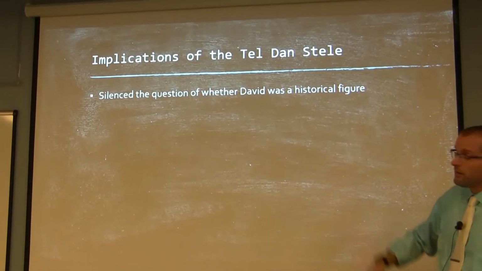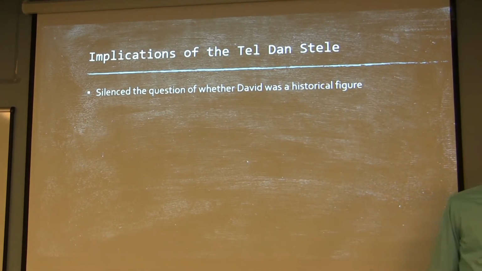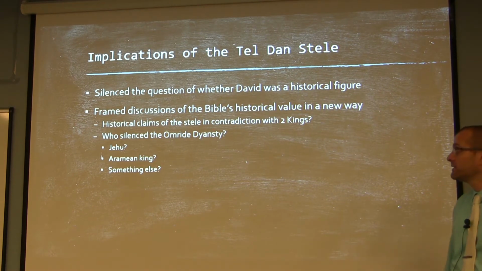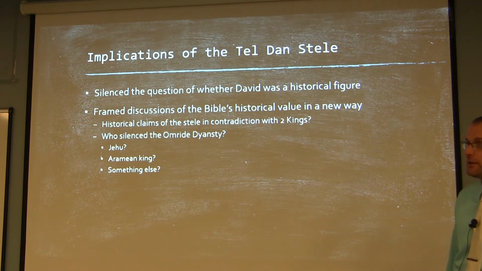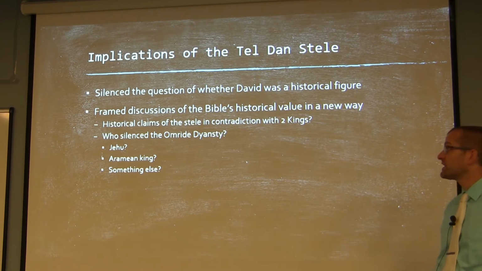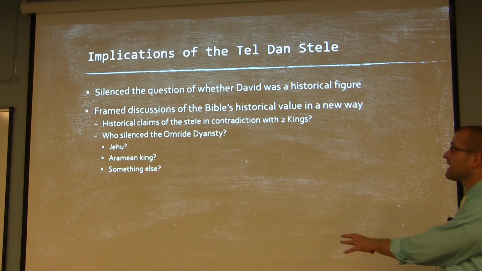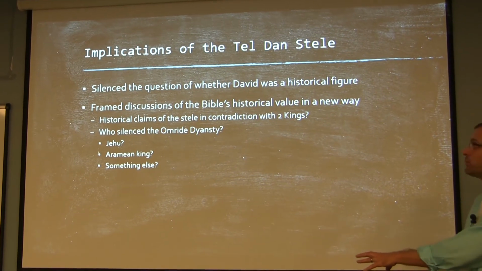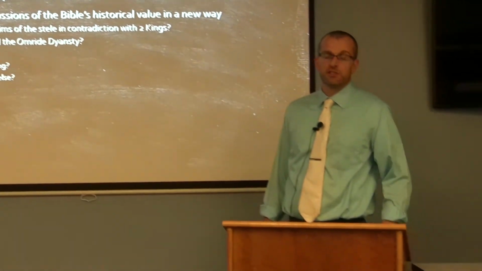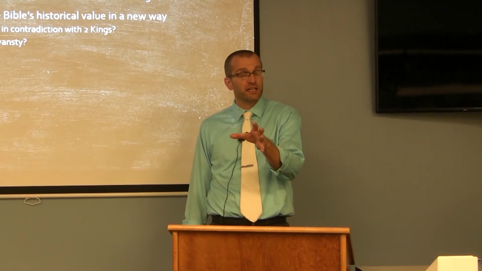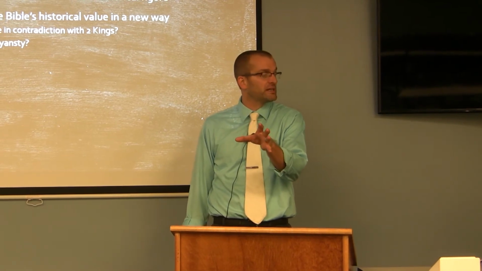Okay? So, again, all of this silenced the debate of whether or not David was a historical figure. And again, just to put it up on a slide here, the conversation around the Tel Dan Stele now frames the discussion of the Bible's historical value in a new way. As I mentioned, the historical claims of the Stele, are they in contradiction of 2 Kings? And who killed the Omride dynasty?